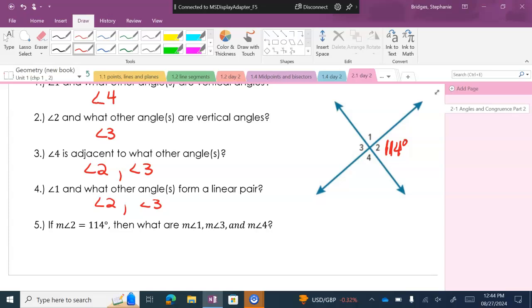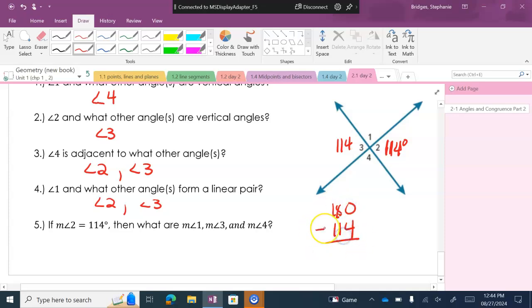If angle 2 is 114 degrees, another angle is also 114 degrees. Which one is across? Angle 3. Okay. So if angle 2 is 114 degrees, so is angle 3. And how do I find out what angle 1 is? Subtract it from 180.